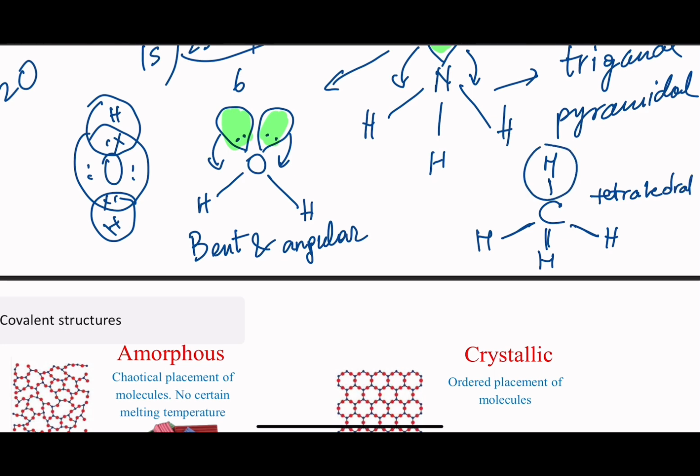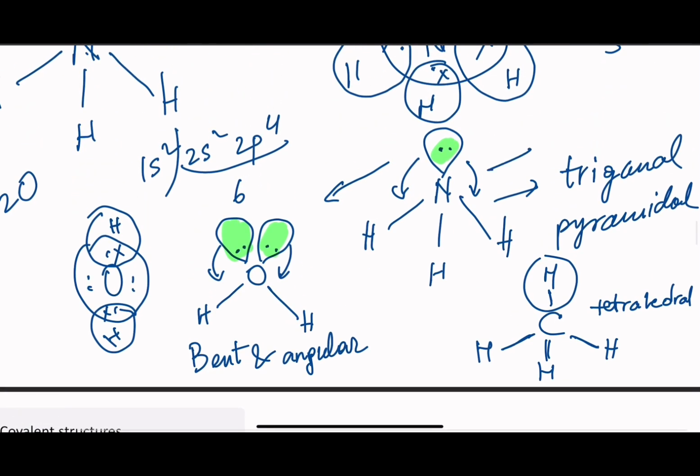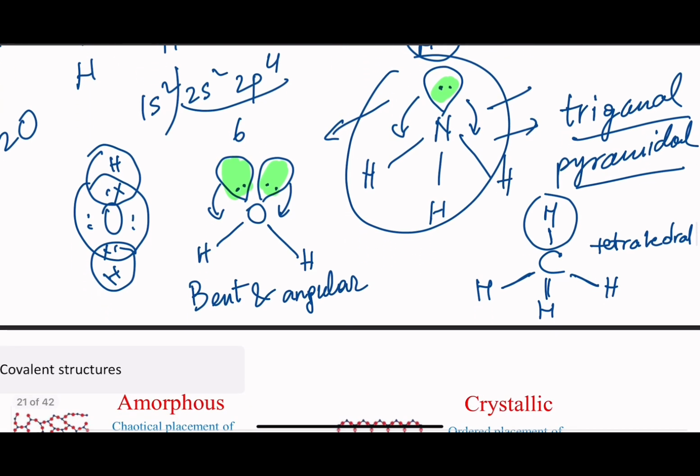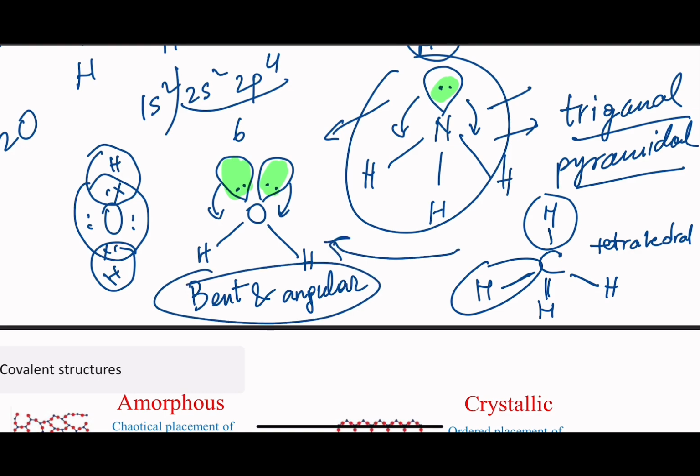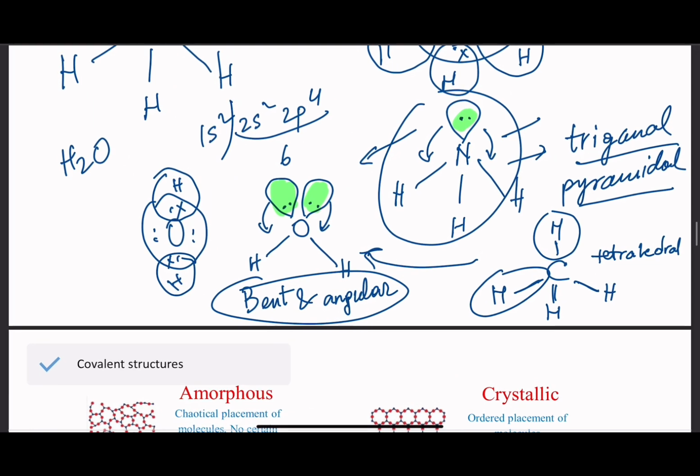When I change this with 1 pair of electrons, in this case, this is called trigonal pyramidal. If I change 1 more with the electron clouds, it makes a new one, which is bent angular. So you guys take a note of these, and it will be useful for you.